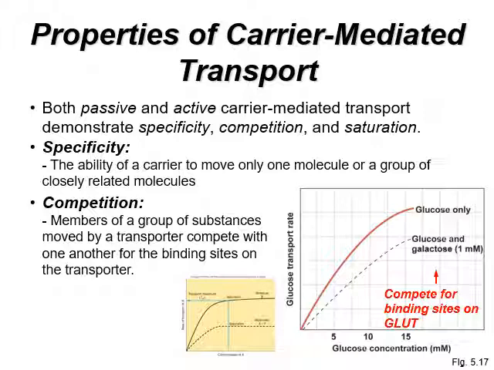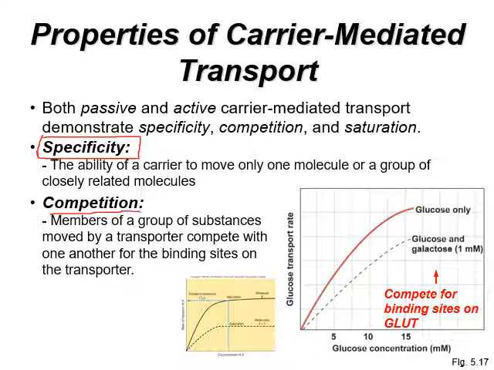Specificity is the ability to move only one molecule or a group of different molecules. So these proteins will not just move any molecules or any ions. It will be specific for a certain ion. Therefore we have to have many different proteins for the different molecules that we have to move.